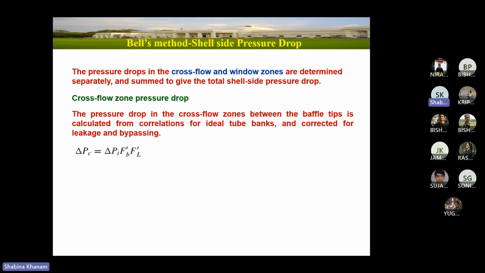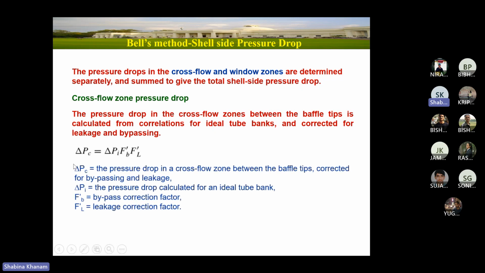So the same thing will happen here. I have delta PC, the pressure drop in the cross flow zone between baffle tips, and delta PI is the ideal pressure drop, or pressure drop for an ideal tube bank, and that would be corrected by FB, the bypass correction factor, and the leakage correction factor, because it is in the cross flow zone.